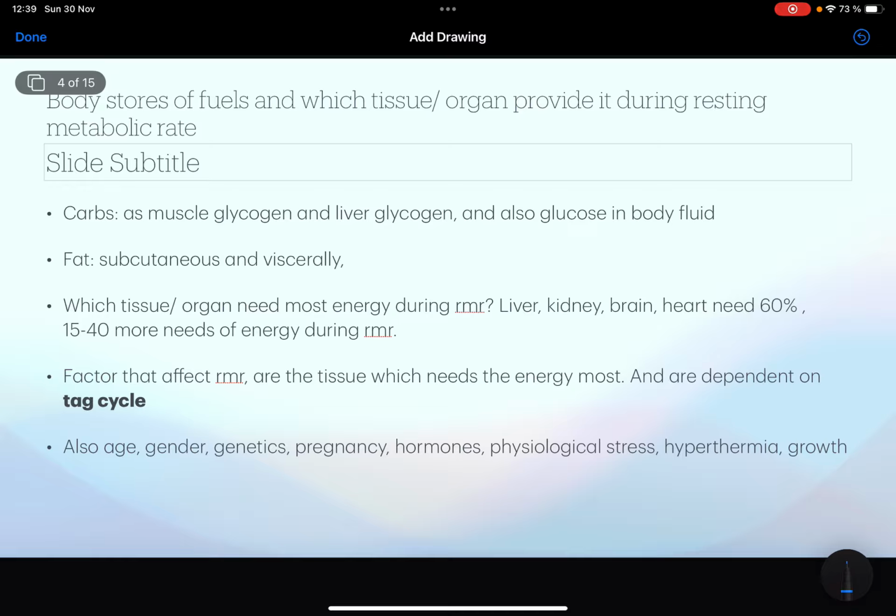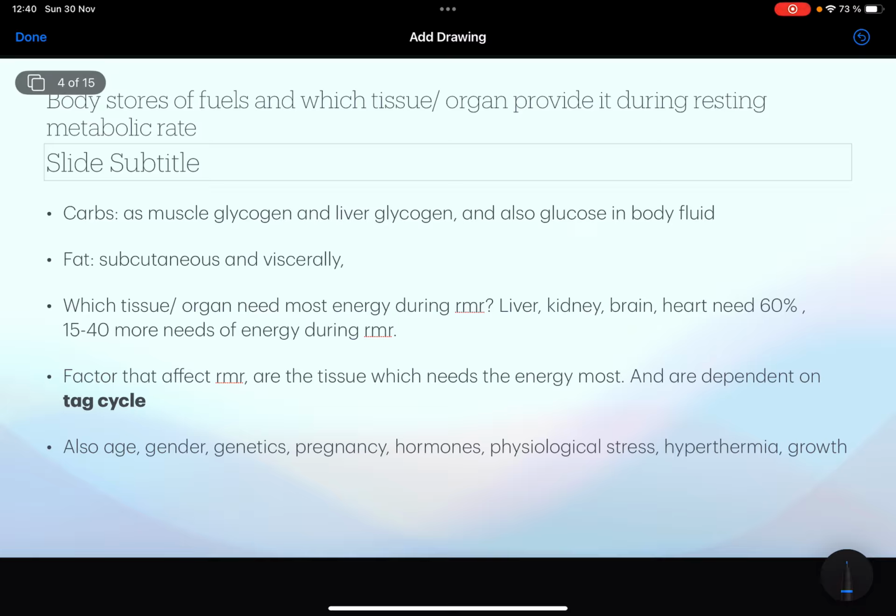And which tissue or organ would need the most energy during resting metabolic rate, to perform its normal function? The liver, kidney, brain, and heart need about 60% of the total energy expenditure to keep doing their function.